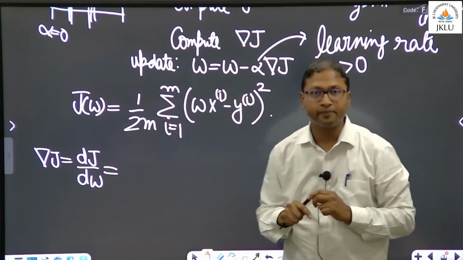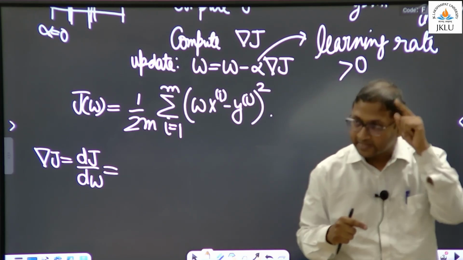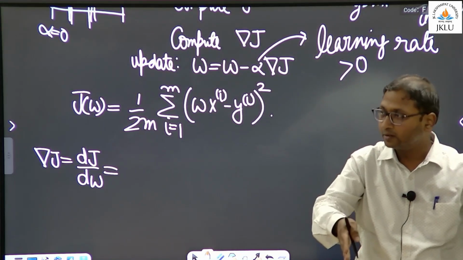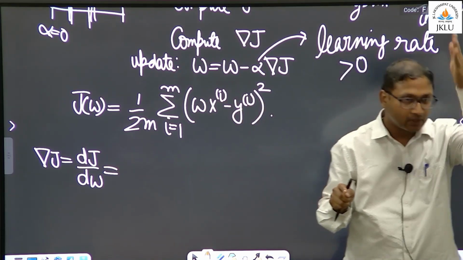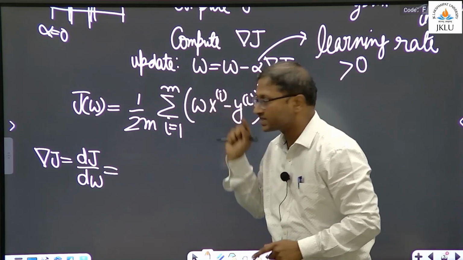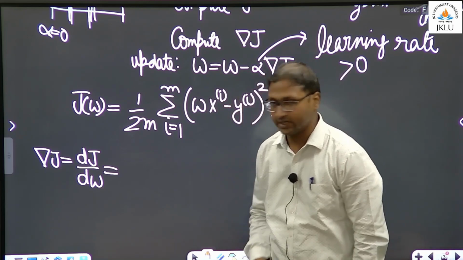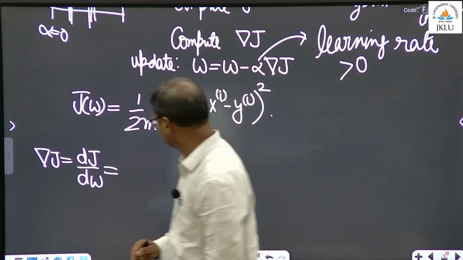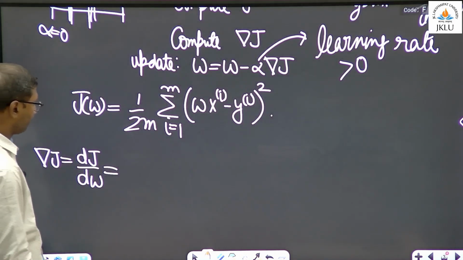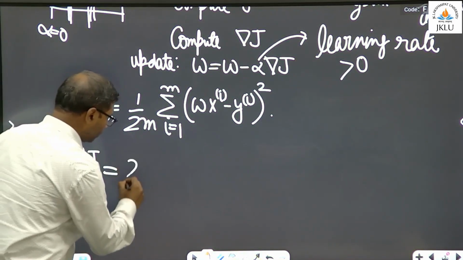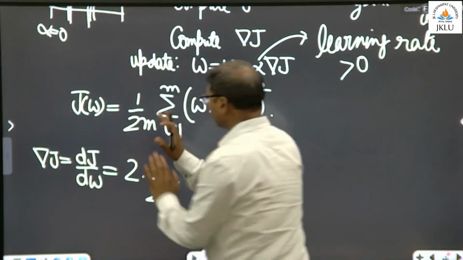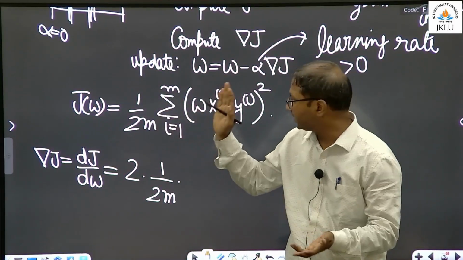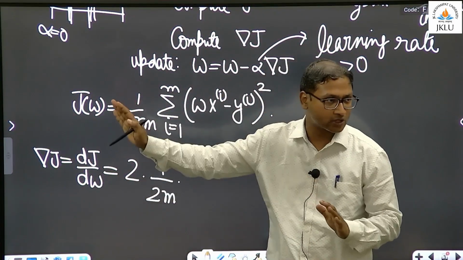What about y_i? That's again a number, it is coming from your CSV file. It is the label of that particular example. x_i, the input of that. So all these are numbers except W. Help me differentiate. So 2 dot 1 by 2m. Do I have to touch this 1 by 2m? It's constant with respect to W, just goes out.